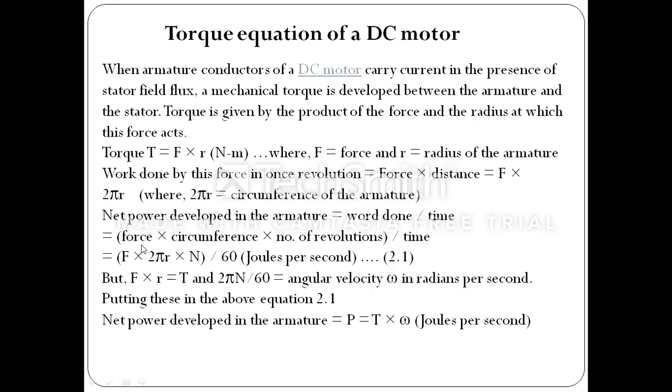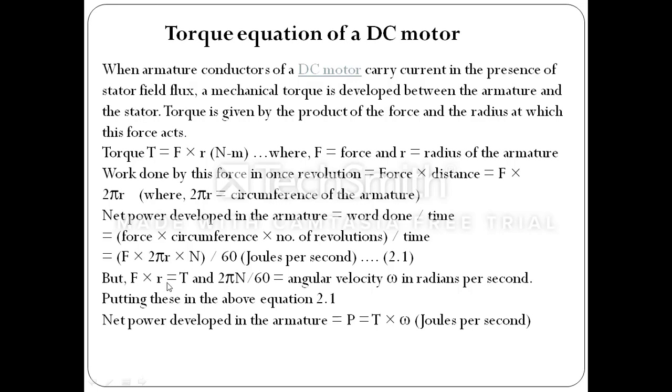Here force is F, circumference is 2 pi R, and number of revolutions is N. So F into 2 pi R into N divided by 60 in joule per second, and we call that equation 2.1.